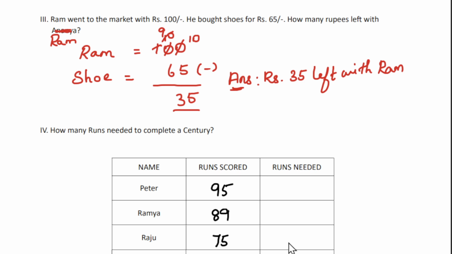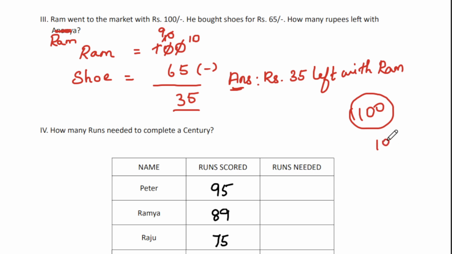Next one. How many runs are needed to complete a century? We have the name, runs scored and runs needed. So Peter's run is 55 and a century is 100, we already know. So how many runs does Peter need to get a century? So you have to subtract from 100.